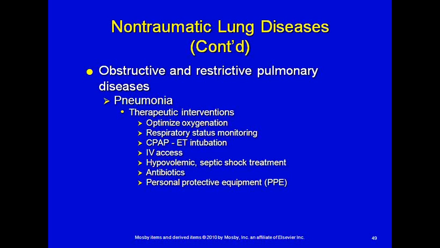If we think our patient has pneumonia, we're going to optimize oxygenation, monitor the respiratory status with pulse oximetry, end-tidal CO2, heart monitors, establish an IV, consider some CPAP if we don't get improvement in oxygenation with a cannula or mask. And if CPAP isn't successful, then we need to do a rapid sequence airway and then think about endotracheal intubation.